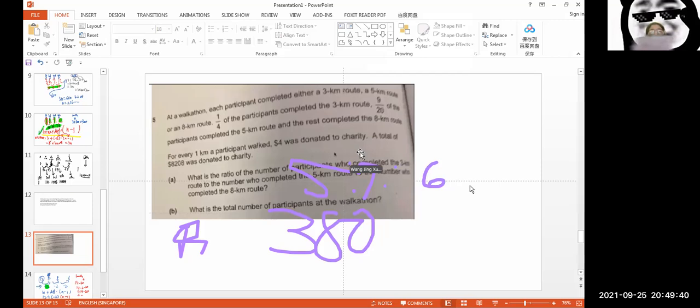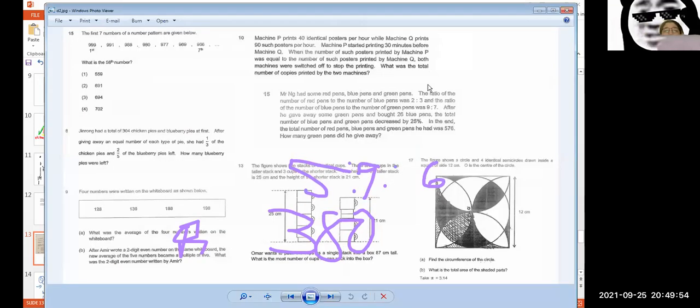Okay, so the ratio is correct. Then 380, let me double check. Yeah, 380 is also correct. Okay, very good.